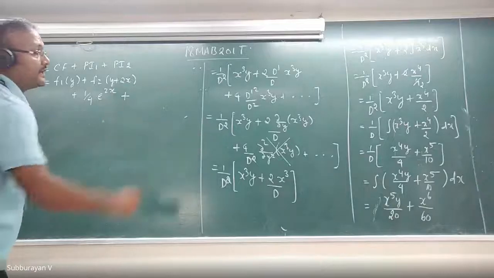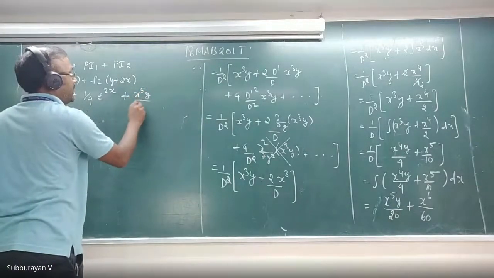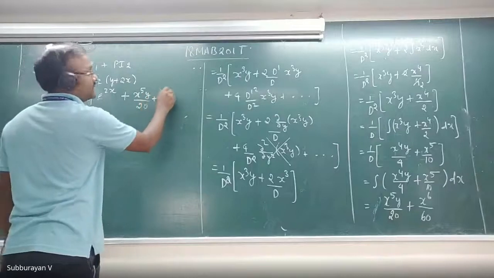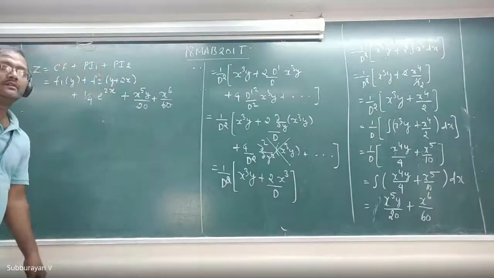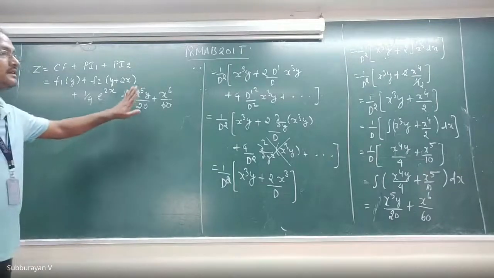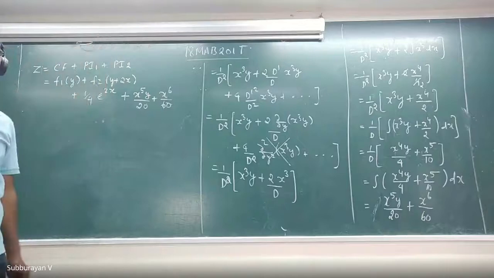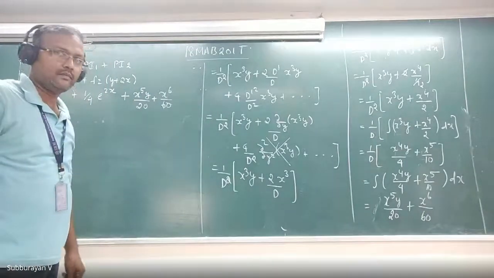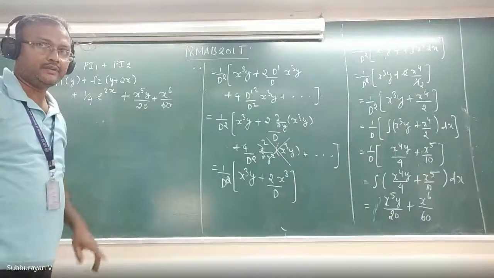Am I right? Then particular integral 2 is x power 5 y divided by 20 plus x power 6 divided by 60. This is the particular integral for that function x power 3 into y. Is it clear? Any doubt? No, sir. Okay, fine.